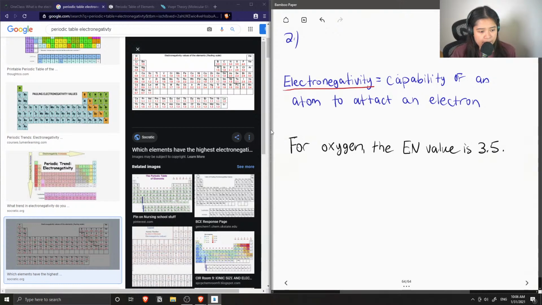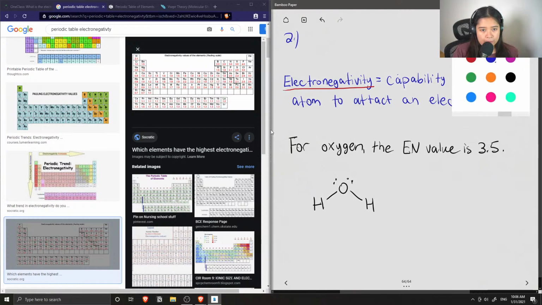So because oxygen has a high electronegativity value, this has a great effect on some substances that contain oxygen, and the most notable is like water. So here's a molecule of water, which everyone knows to be H2O. Because oxygen is more electronegative than our hydrogens, it attracts the electrons more than the hydrogens do.